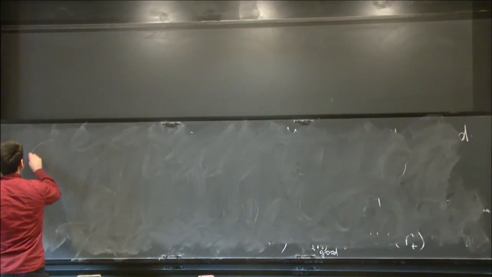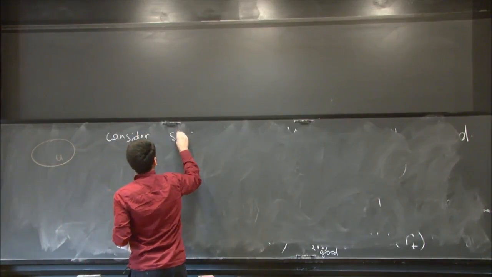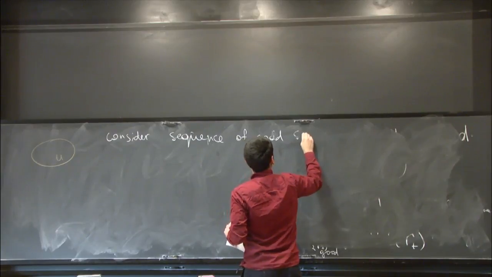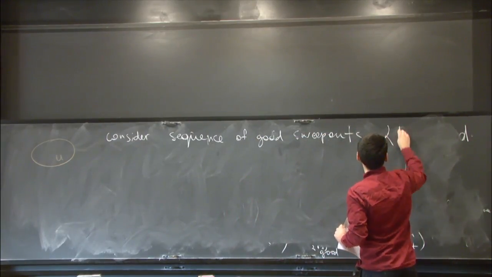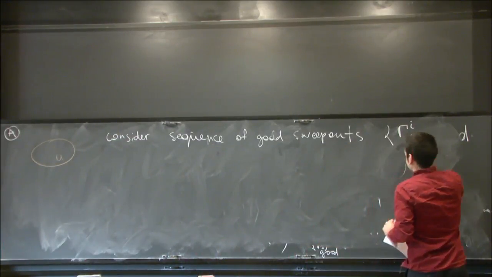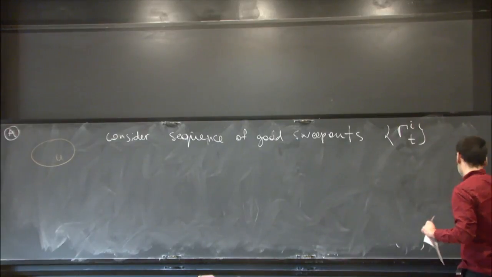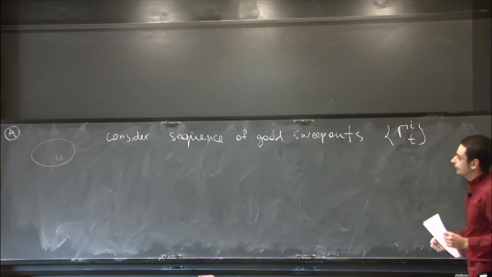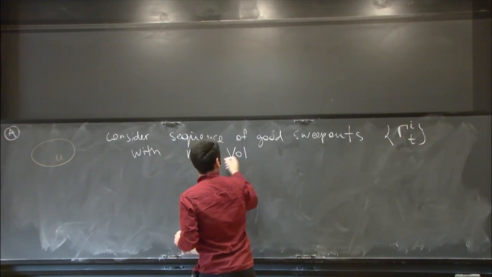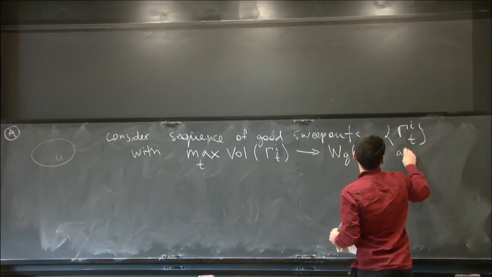So we have fixed our set U, and we would like to consider a sequence of good sweepouts, so let me indicate that I'm doing part A, with the maximal volume becoming as small as possible, to Wg of U as i goes to infinity.